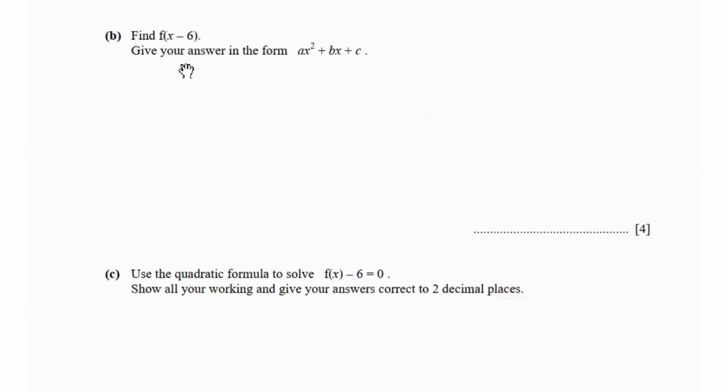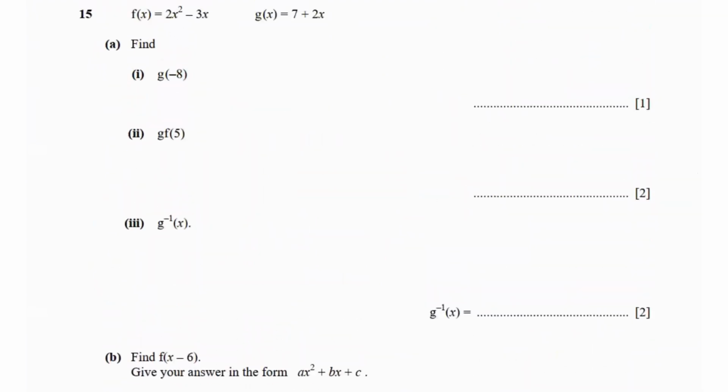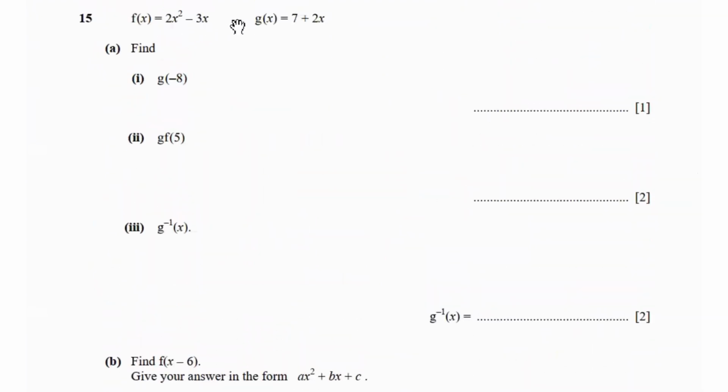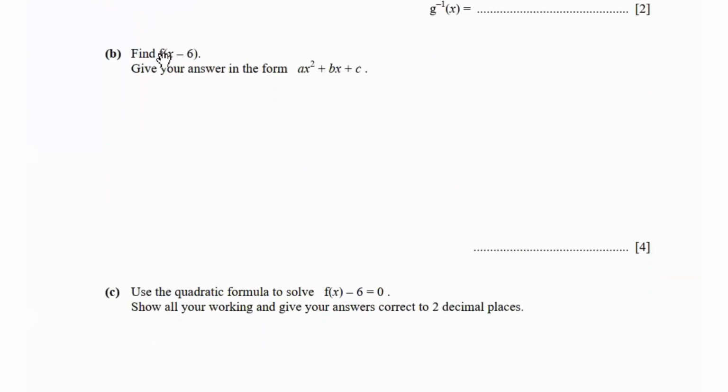This is find f of x minus 6. So if you notice, originally it was f of x equals 2x squared minus 3x. Now we're replacing x with x minus 6. So that's going to give us 2 times x minus 6 squared, and then minus 3 times x minus 6.